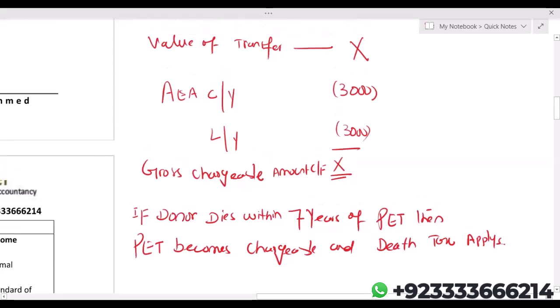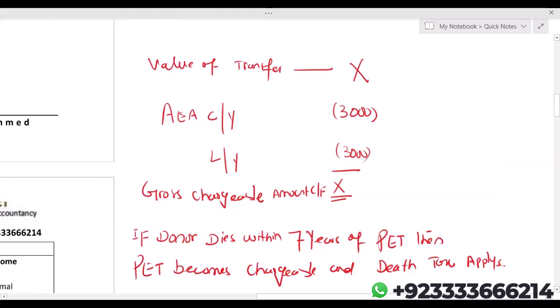So let me repeat. When one individual has given a gift to another individual, I'm talking about father, daughter, father, son, mother, daughter, son, like this. Obviously, if there's a gift between husband and wife, no PET issues will arise. Both are exempt parties for each other.